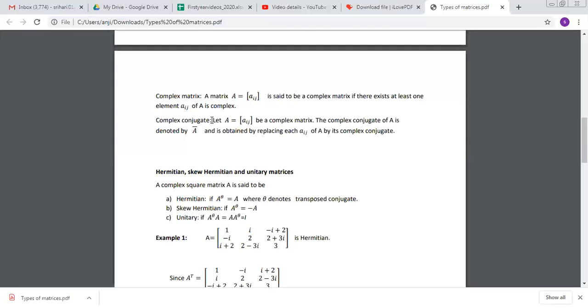Complex conjugate. Let A = [Aij] be a complex matrix. The complex conjugate of A is denoted by A bar and is obtained by replacing each Aij of A by its complex conjugate.